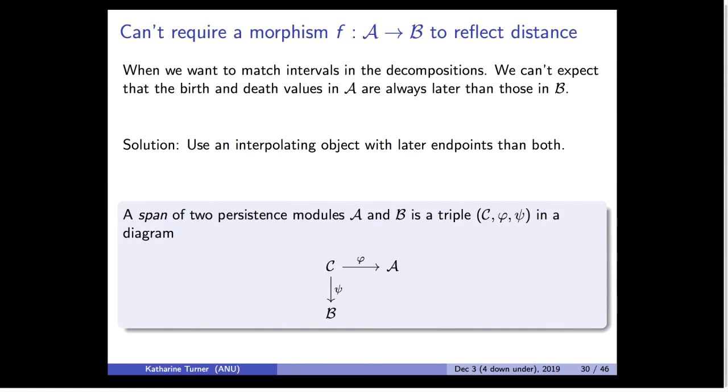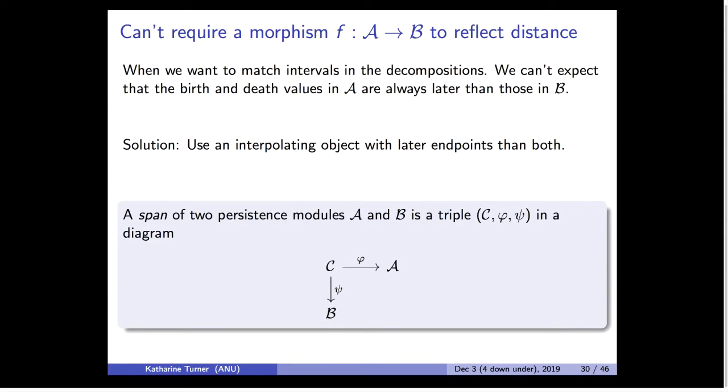So the solution is to not expect a morphism that goes from A to B reflecting what I want in terms of matchings. Instead, I'm going to take a third object that has morphisms to each of them, so that those morphisms exist the way I want.